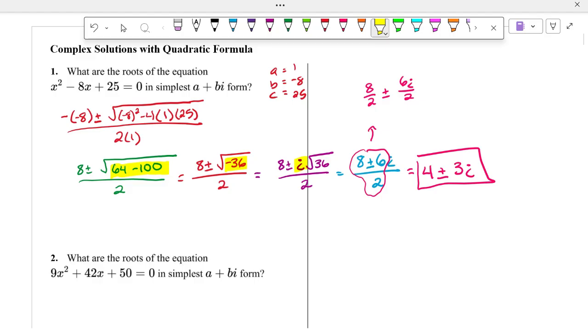So basically, if you ever see a negative under a radical, after you evaluate all the addition and subtraction, automatically take the i out. 4 plus or minus 3i. Any questions on that one? Yeah, this will be on the test.